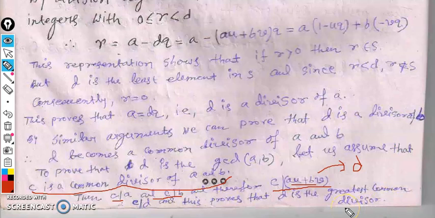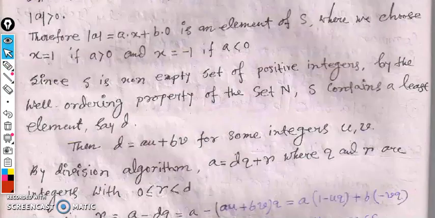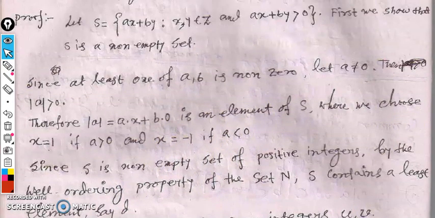That is all for the proof. When we started the proof, we considered that the element comes exactly from this particular set, which means the set is represented by ax plus by.